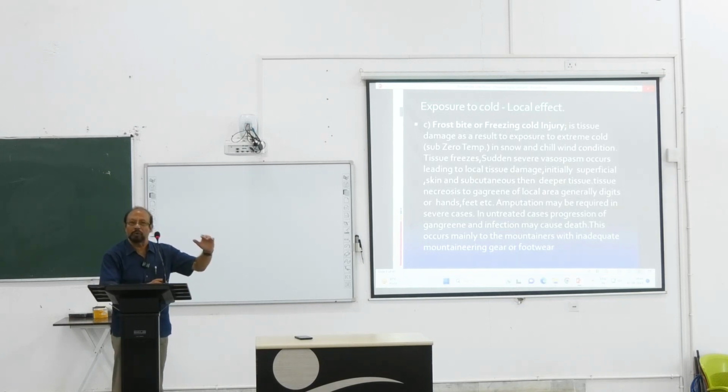In frostbite, in the first stage only the superficial skin suffers, the skin freezes, then gradually the subcutaneous tissue, then with prolonged exposure to deep cold the bone may suffer necrosis, permanent damage. Amputation is then the only treatment.